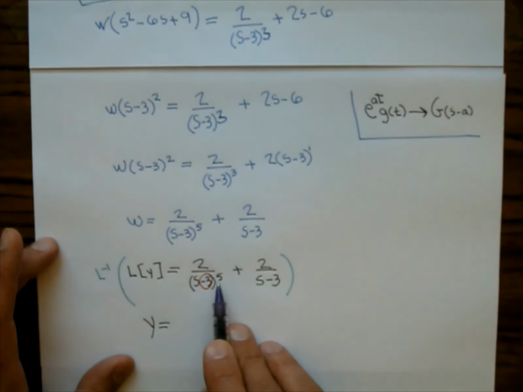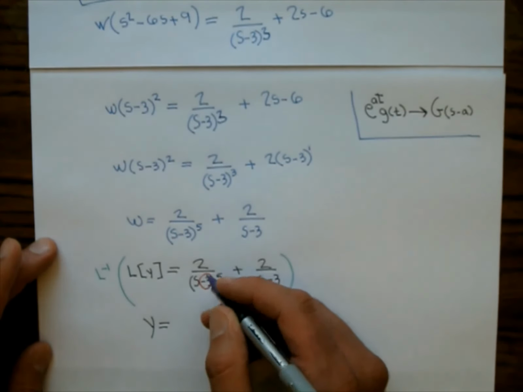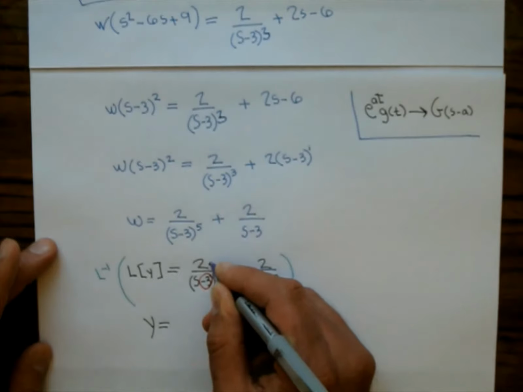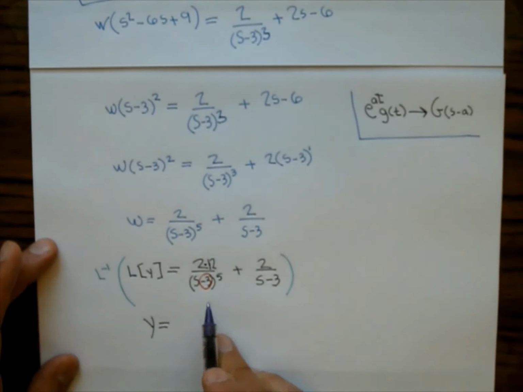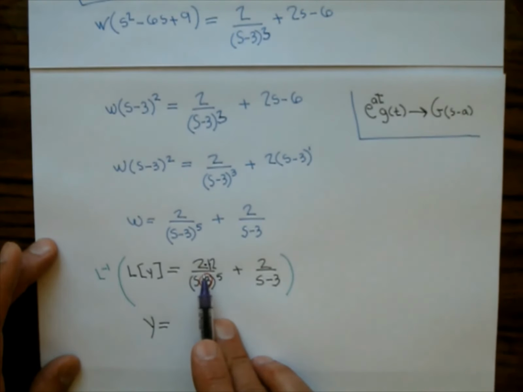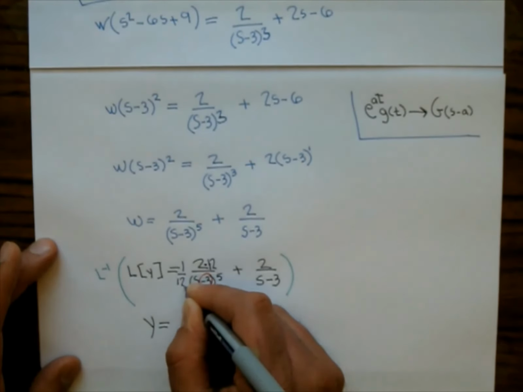Now 2 over s to the 5th, I need not a 5 factorial on top, but a 4 factorial. So what is 4 factorial? Isn't 4 factorial 24? So I need an extra, whoops, I need an extra 12 up there. Okay, so 12 times 2 gives me 24, which is the 4 factorial. But I have to balance the books by putting a 1/12 out front.